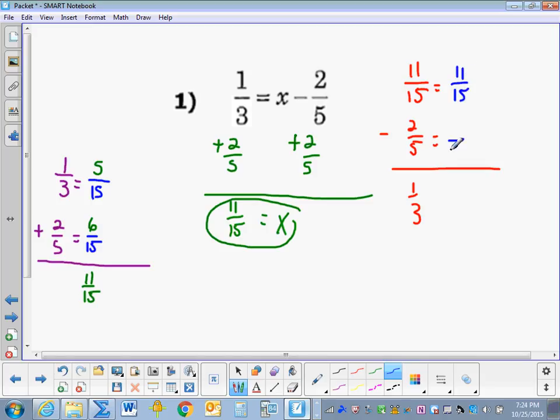We'll make this one a 15. We'll multiply by 3 to get to 15. And so 2 times 3 is 6. So 11 minus 6 is 5/15. 5/15 is 1/3, so it checks. And we're done.